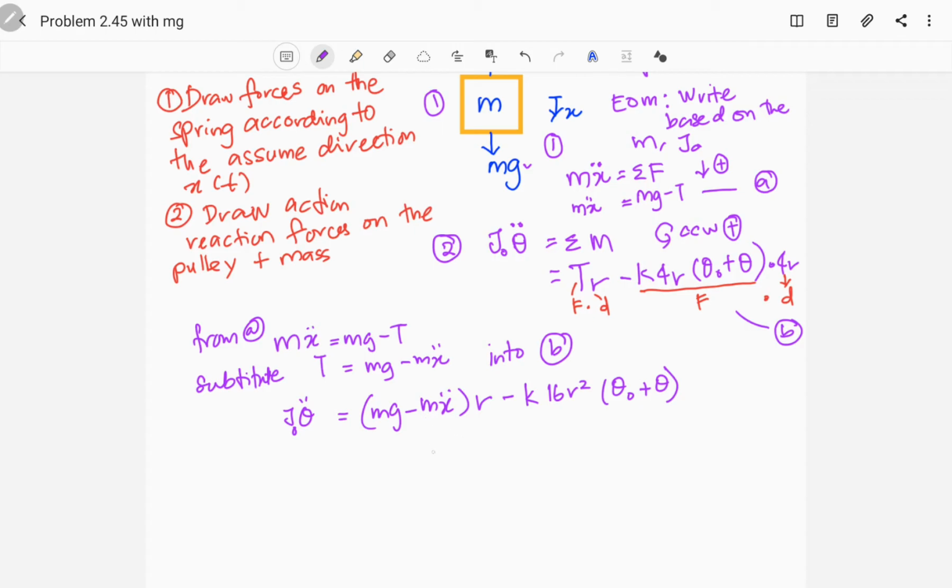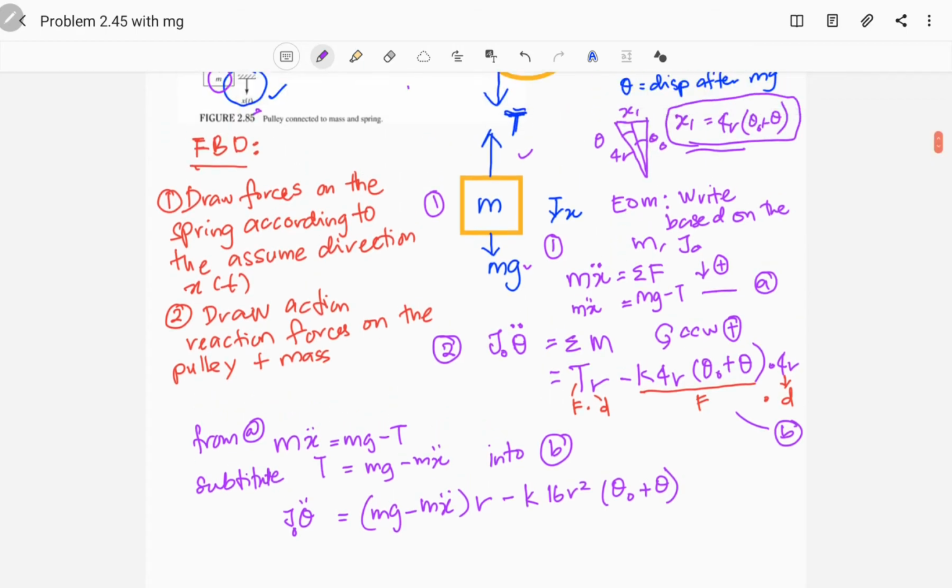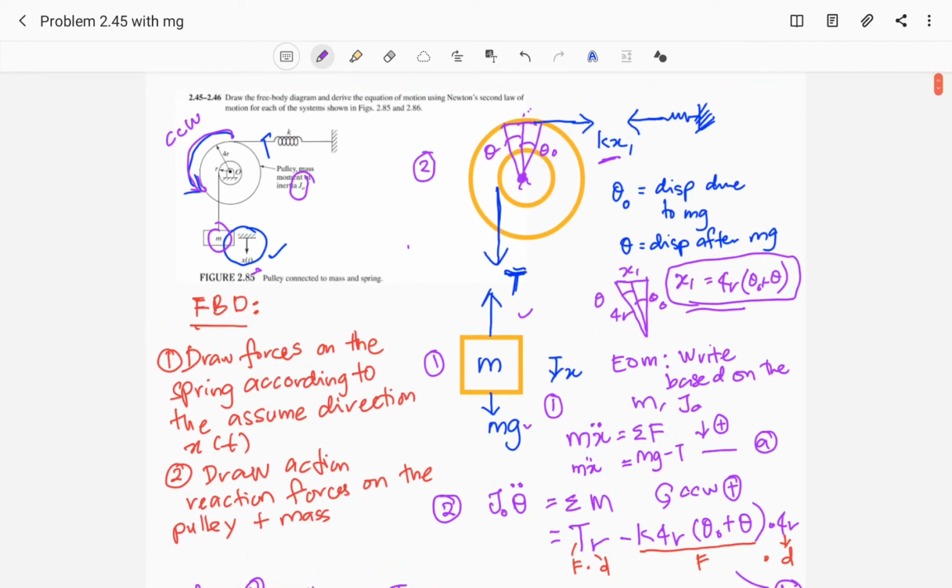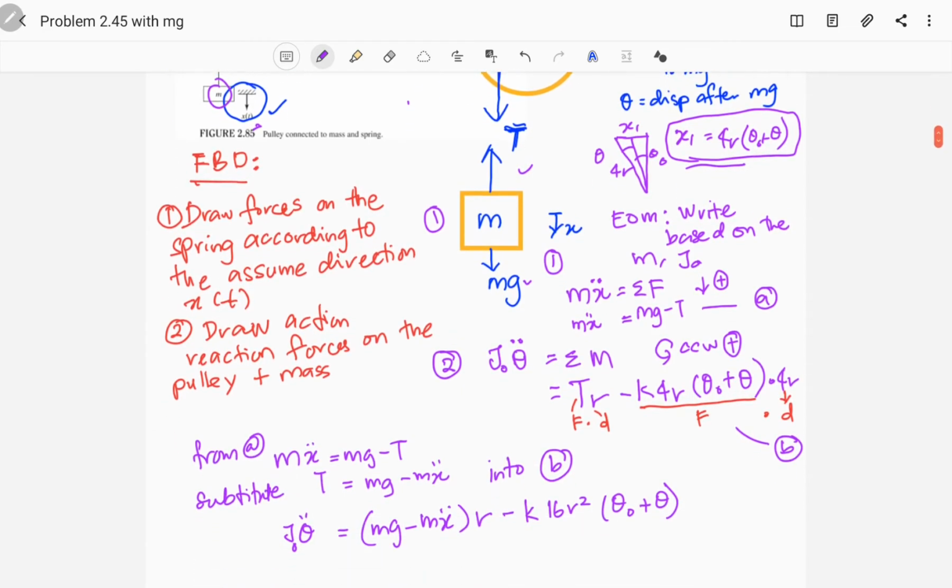If you can substitute, so basically just now we have defined your theta. Just now if you look at here, theta is also related to your x, r theta.